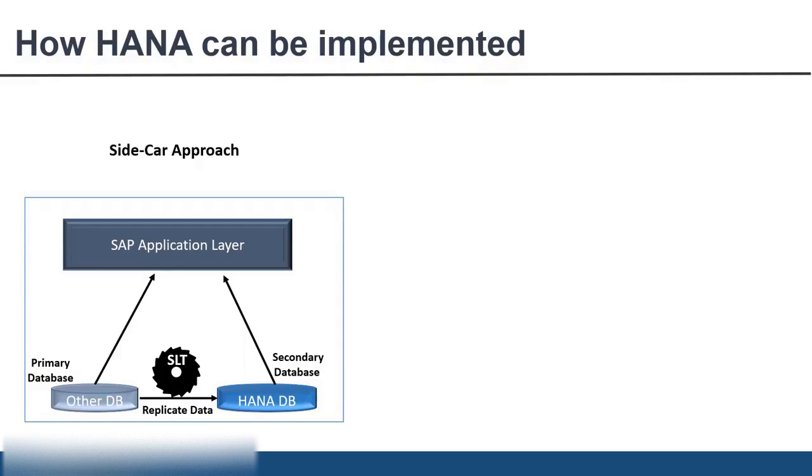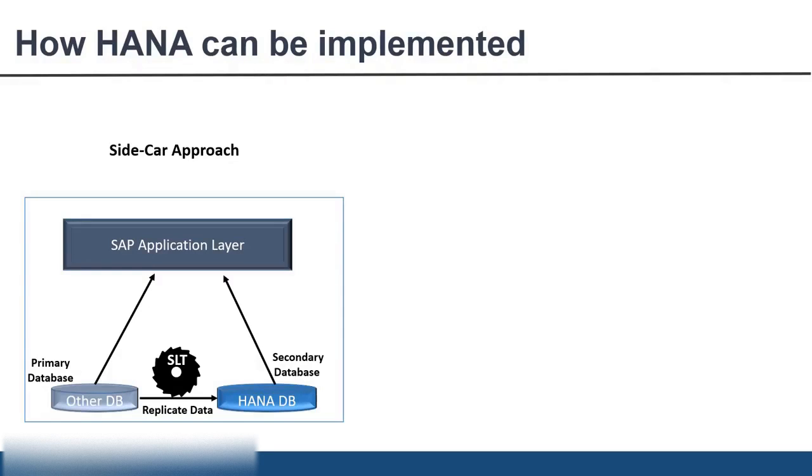That means you use HANA database as a secondary database, and whatever operations you do in the existing database, you keep replicating in HANA database using SLT, that is SAP Landscape Transformation. You keep replicating real-time data, using HANA database as a secondary database initially.